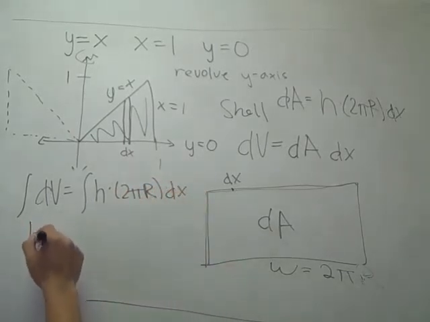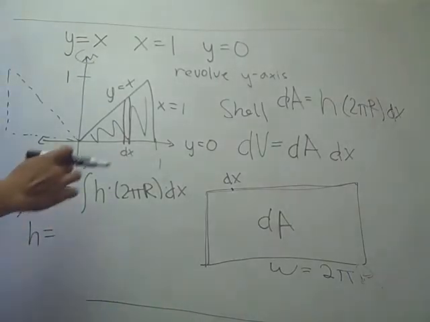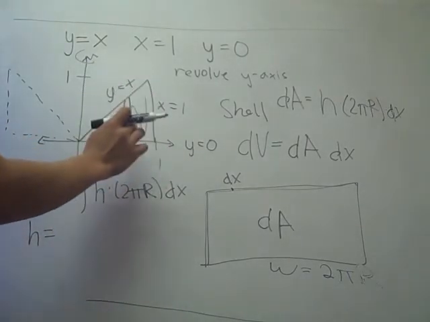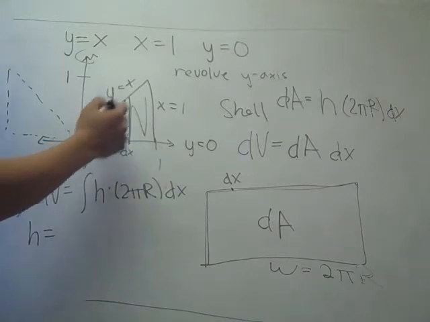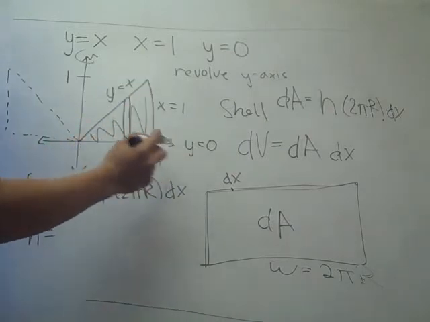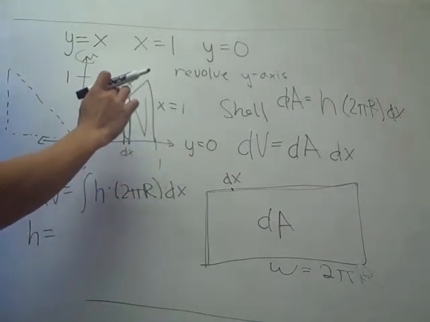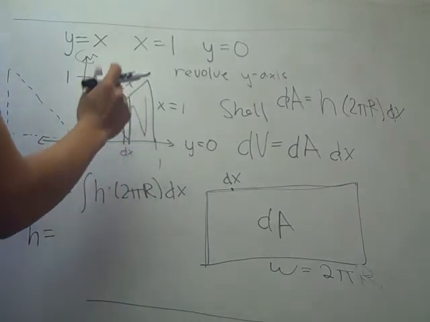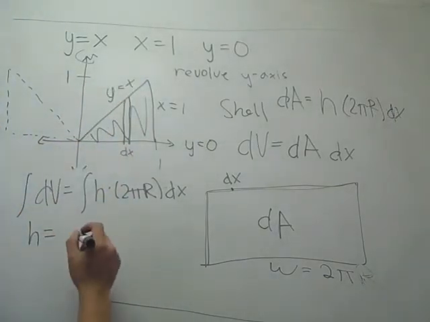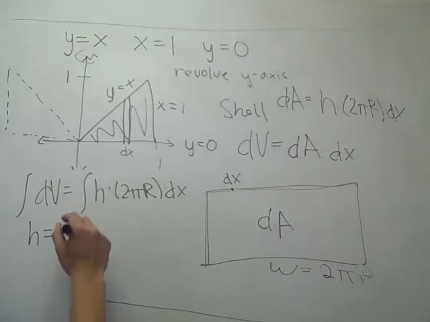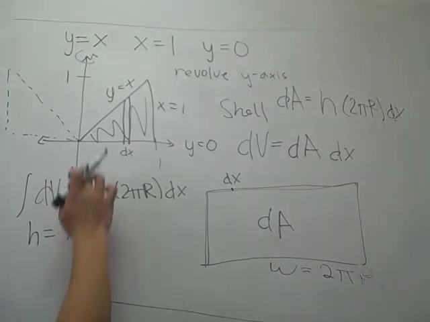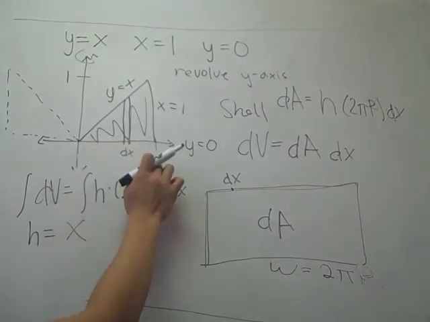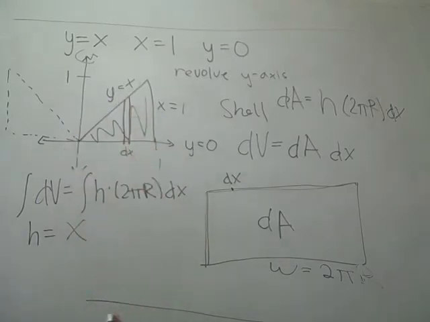And then we have to find the height for each sheet of paper that we're going to cut, and that's going to be the top graph minus the bottom graph, which is just y equals x. So for each height, it's just going to be x. For every x that we plug in from 0 to 1, the height is going to be that x value.